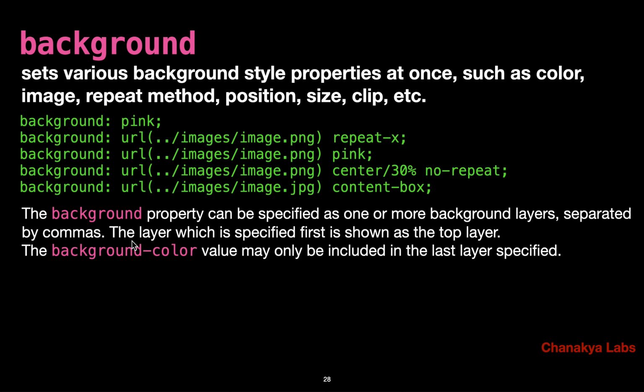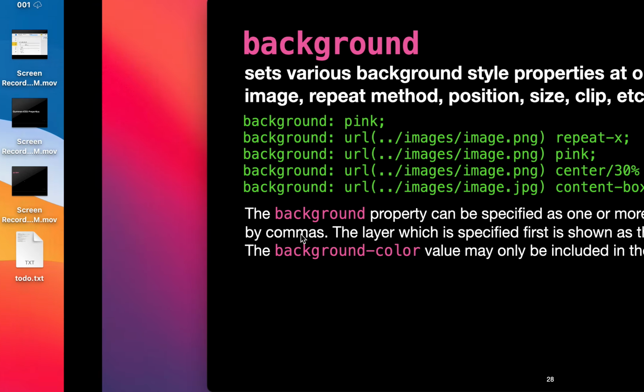Okay, that's fine. This is what I was talking about, that the background property can also support multiple layers, each of them separated by a comma, like background image. It can be separated by comma, and then you can put all those layers.